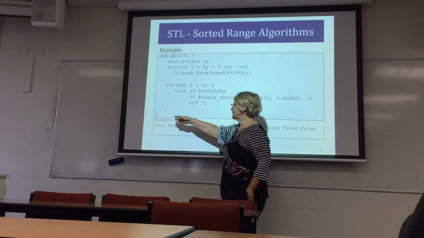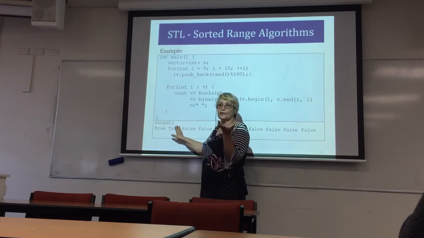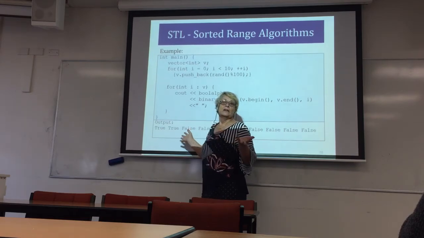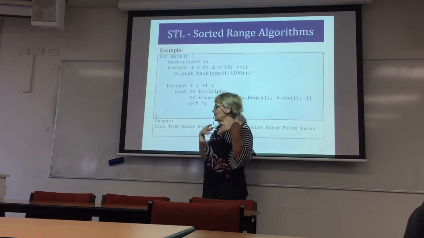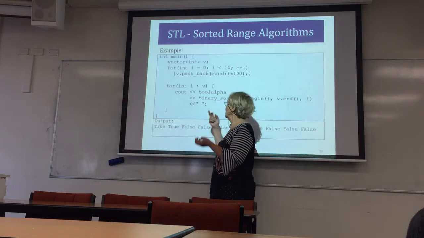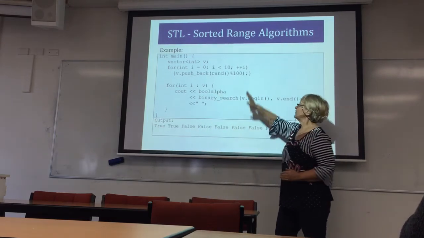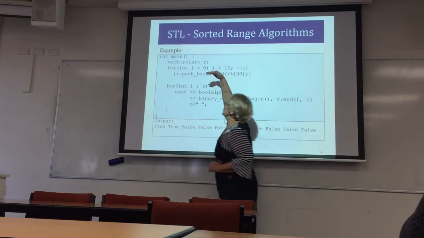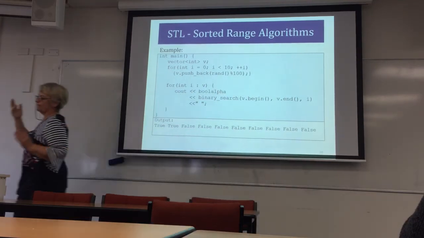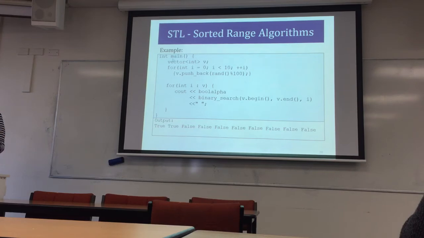And as you can see, first two are true, which is the correct one, but for the third one, we got false. And this is expected because this binary search algorithm works properly if data is sorted, which is not the case here. And if you know how binary search works, you can understand why this happens.